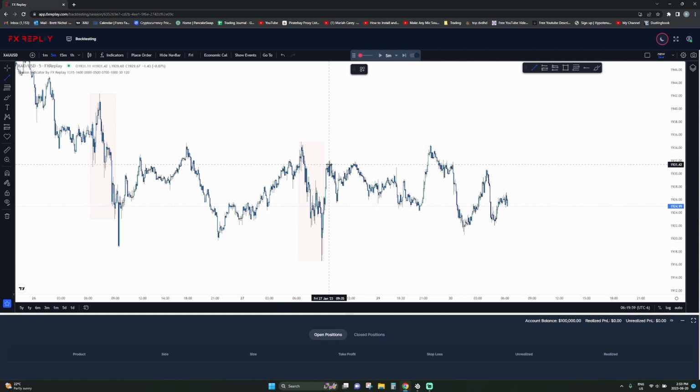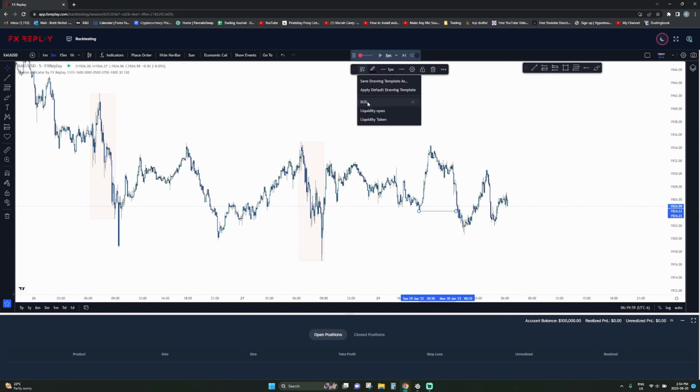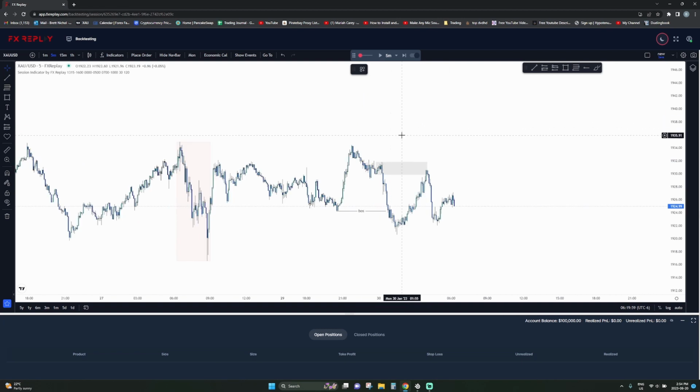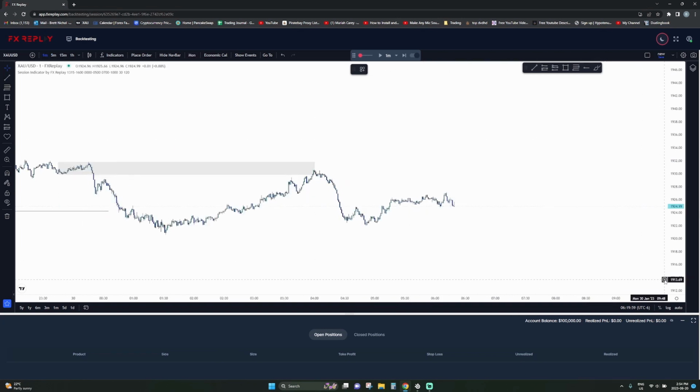And then we get this low, created this high. So we got a change of character right here to the downside. Just gonna mark that as a BOS on M5. And looks like we came up to tap into this supply right here. All right, so now we got our bias.